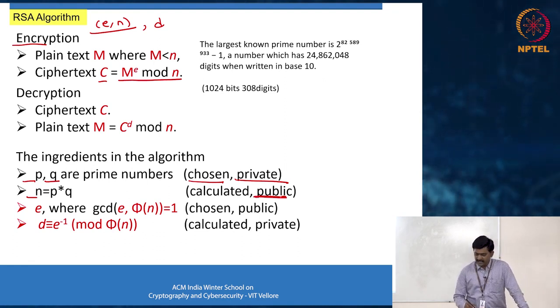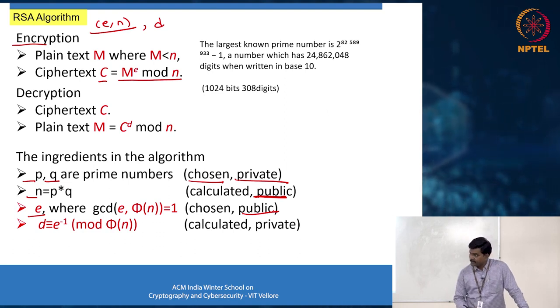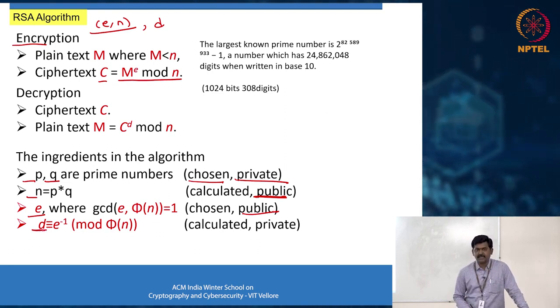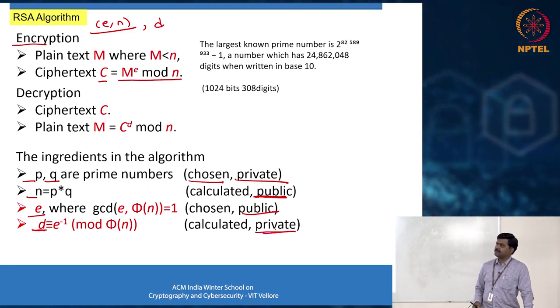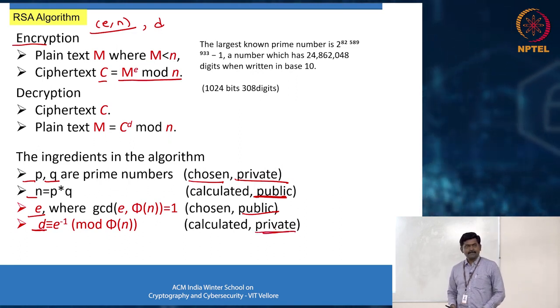And you have chosen an e value which is relatively prime to psi of n, and you made it public. Then you calculated the d value, which is the multiplicative inverse of e, and you kept it private. These are the variables of the RSA algorithm, right?